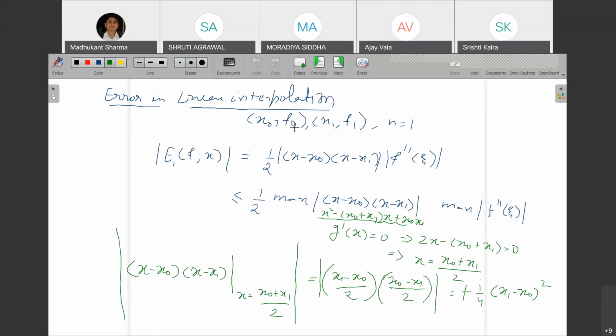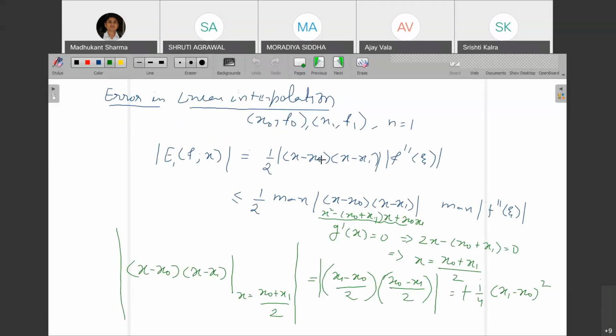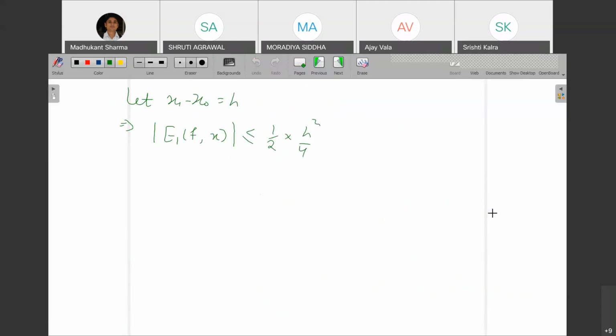So if you replace it by this and h, you have 1 by 2 times h square by 4 times the maximum of the second derivative. We are not aware of the function, so we replace it by M2. So this equals h square by 8 times M2. This will be the error in linear interpolation.